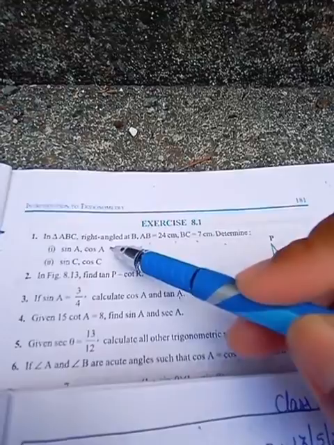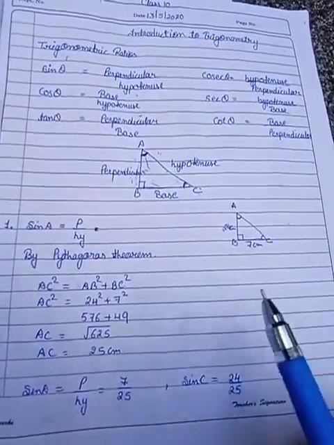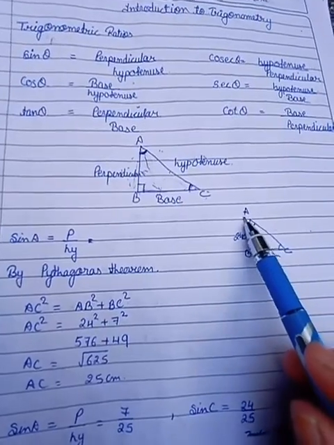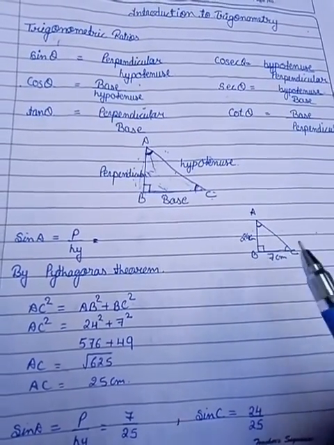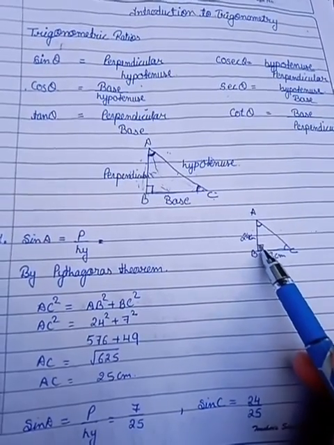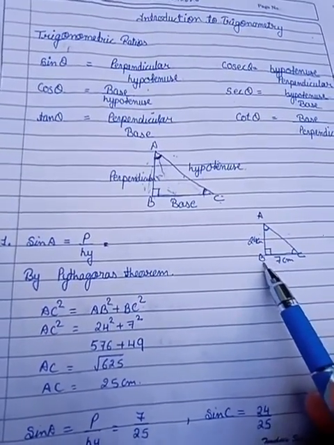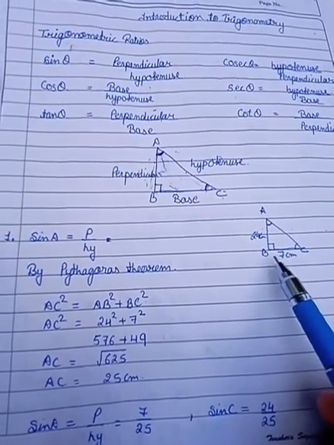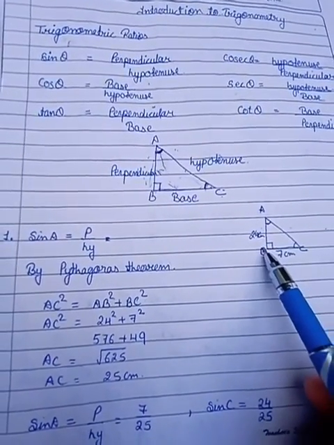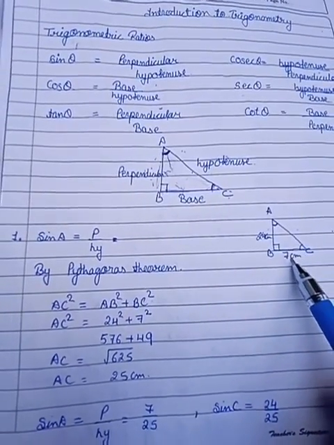Determine sin A, cos A, sin C, cos C. Now we can draw the diagram. We know it is a right angle triangle, and as they said, it is right angle at B. So when you draw the diagram, make sure you take only that point as 90 degree which they said. So B is 90 degree, AB is 24, and BC is 7.